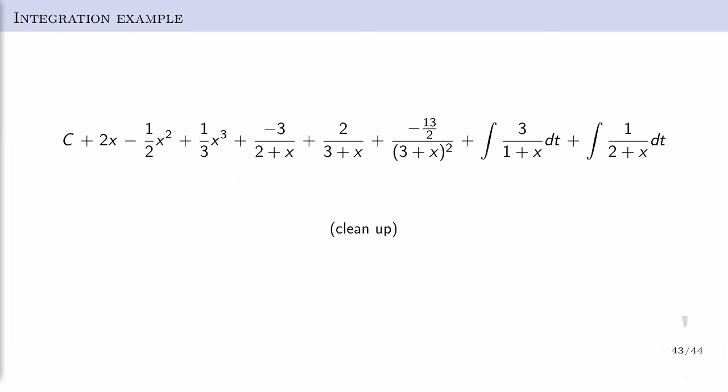So all in all, we are left with such an expression. Here we have a symbolic constant. Here we have an explicitly given rational function. And here we have two integrals left to compute. For these two integrals, we apply the observation that was here just a few minutes ago. These functions are so simple that we just see the roots. Here the root is -1, here the root is -2.